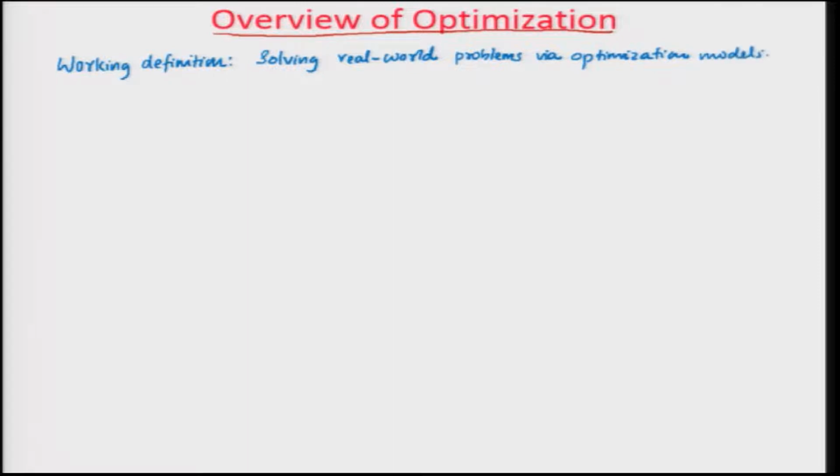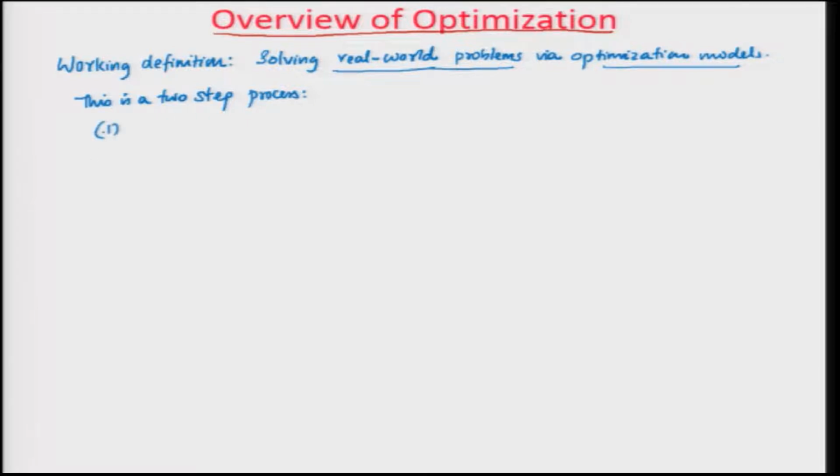So optimization means solving real life problems, solving real world problems using optimization models, and this is a two-step process.